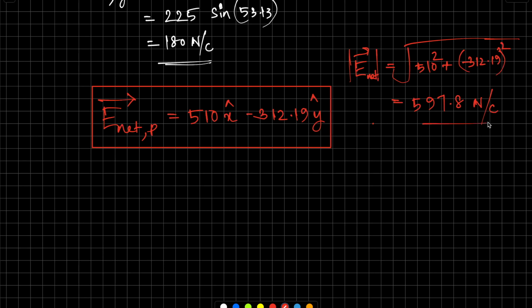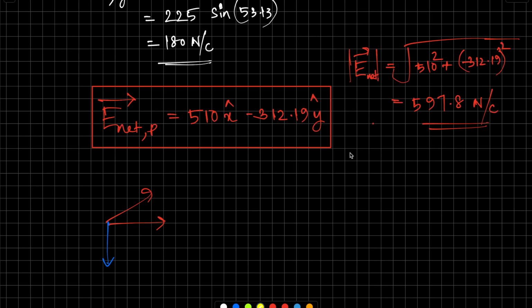So that is the magnitude of the total electric field at point P. Now we have to find the direction. We just found the magnitude.